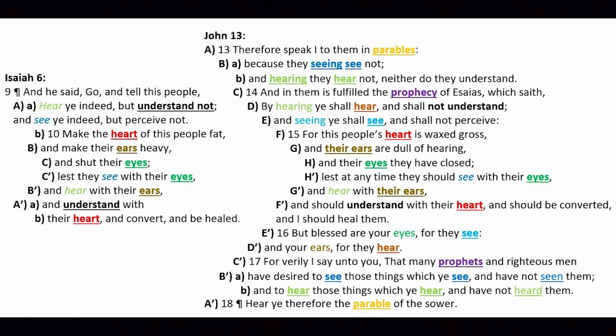So one more thing I wanted to point out, notice in the A and the A prime term up above, you have the word parables. Down below, it says, hear ye therefore the parable of the sower, and then the line or the concept continues. I just want to point out that even though the A prime term is a perfect match for the A term up above, it can also be the beginning of a different structure.